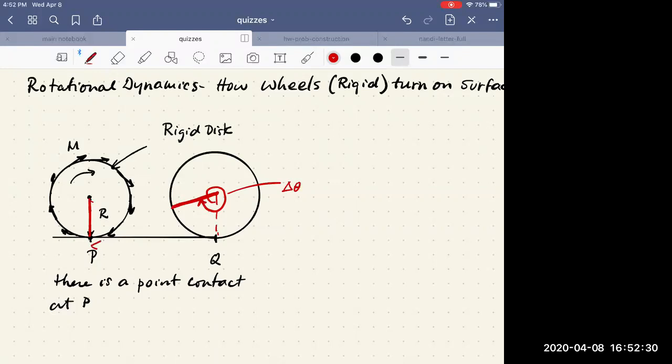And this distance here, I can call delta x. So the linear distance the wheel travels, delta x, is the displacement. Delta x must be equal to r times delta theta.